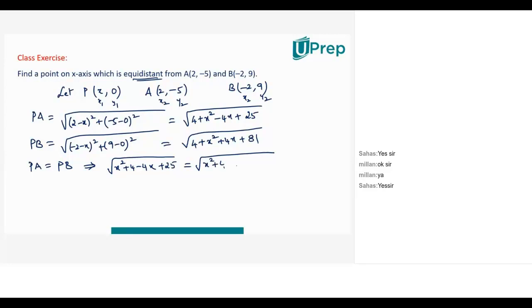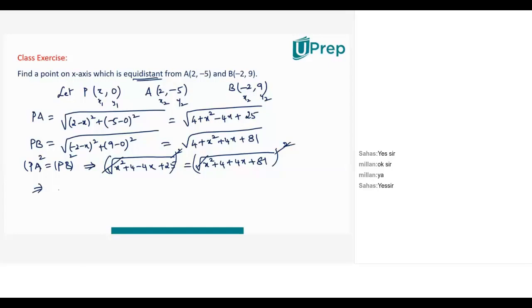Now for all, both Alethea and Arnav, just observe. PA has a square root term with it. PB has a square root term with it. And he says these two distances are equal. They both are equidistant. So what I have condition is now PA equal to PB. What do you mean by PA equal to PB? Square root of x square plus 4 minus 4x plus 25 should be equal to square root of x square plus 4 plus 4x plus 81.